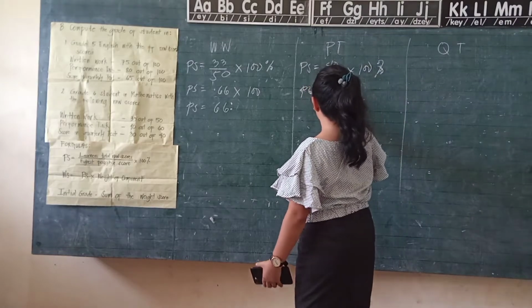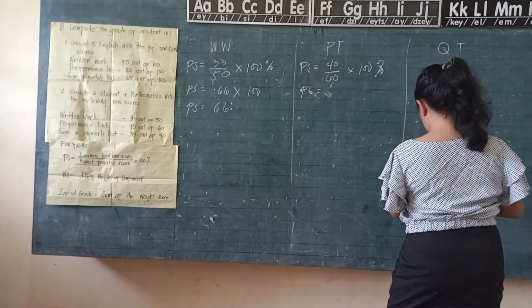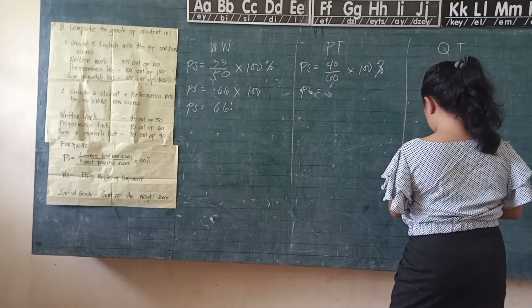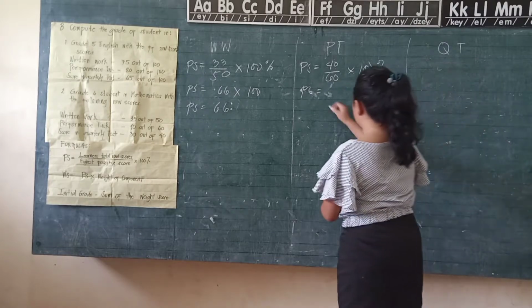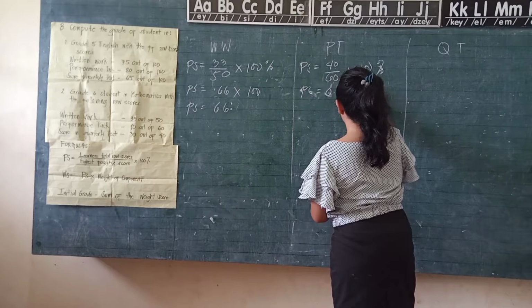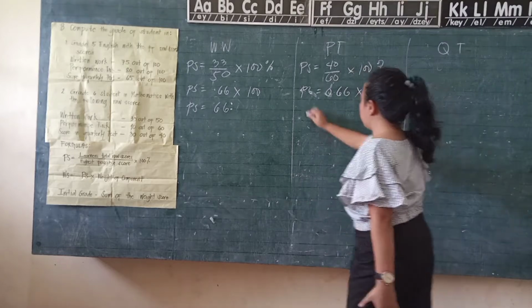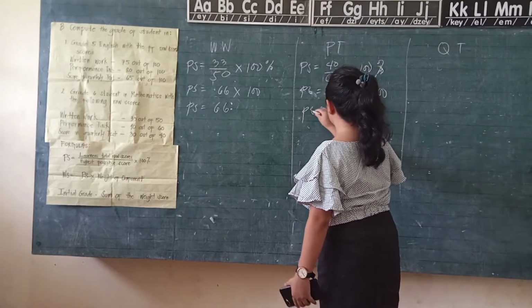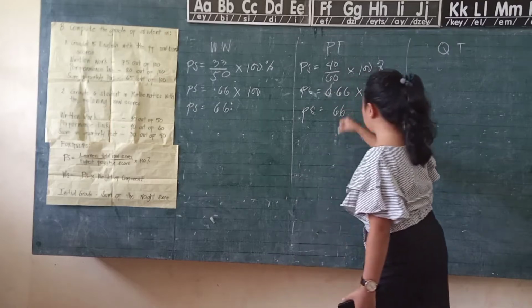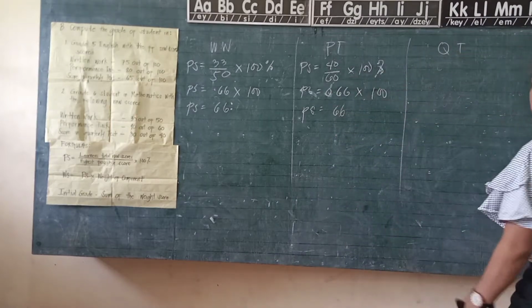For the performance task, PS equals 40 divided by 60 times 100%. 40 divided by 60 equals 0.66 times 100. PS is equal to 66. Let's proceed to the quarterly task.